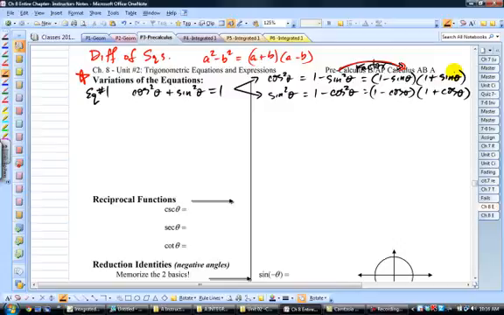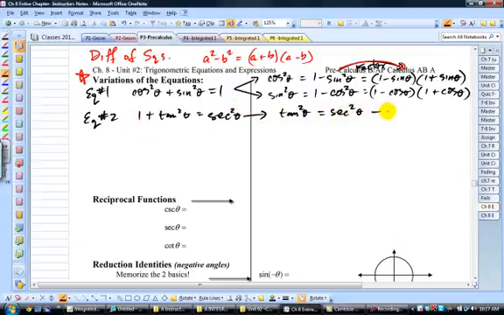Now, if you take equation number 2 and work with that, you get something different. So equation number 2, you have 1 plus tangent squared theta is equal to secant squared theta. And if I isolate the tangent squared theta, I get secant squared theta minus 1. And that's a variation that you're going to see in your work.